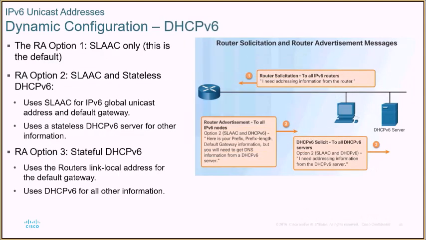Basically there's three options when it comes to that dynamic configuration. Which is the default mode, is it'll get its prefix number, it will get its network number, and that's all, and no DNS. A second option is basically the host will get its information from the router, but it'll also be told there's more information to get from a DHCP server as well.